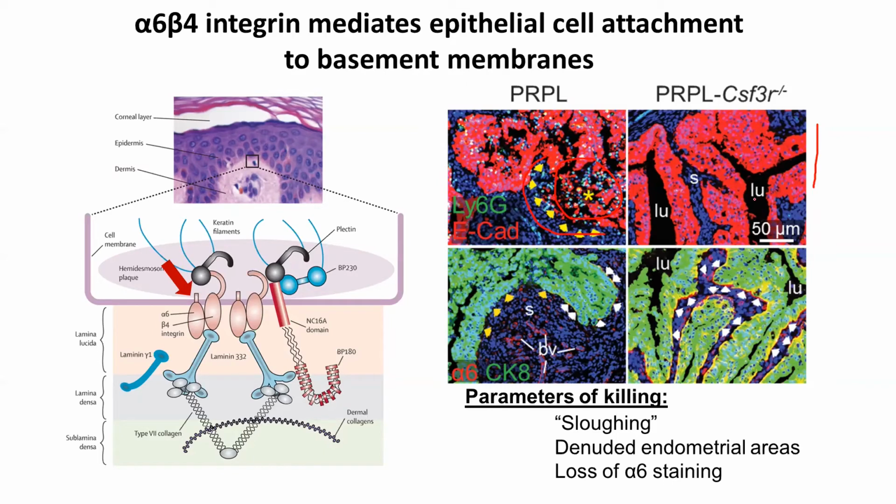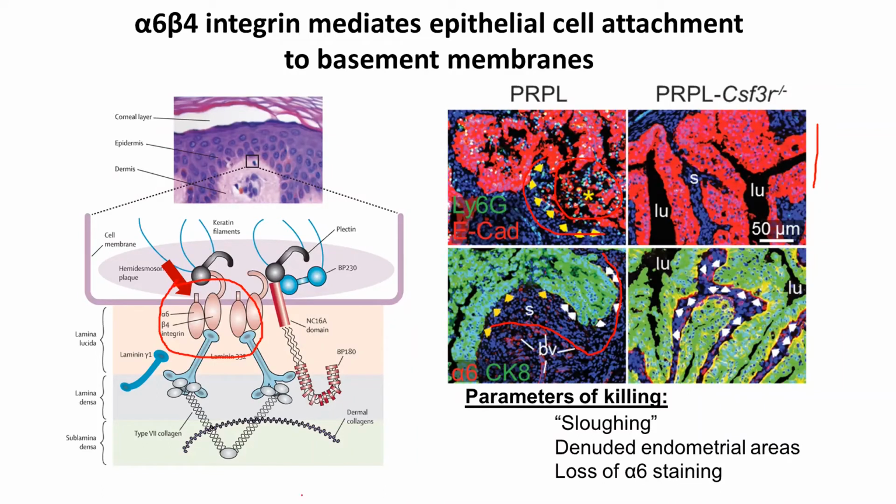Consistent with this process, we also found that neutrophils induced the abrogation of the alpha-6 beta-4 complex, as you can see here, with the loss of alpha-6 staining, which is absent or discontinuous, whereas in the absence of neutrophils, the staining is totally continuous. You probably know that this alpha-6 beta-4 complex is required to maintain a strong anchoring of epithelial cells to the basement membrane.